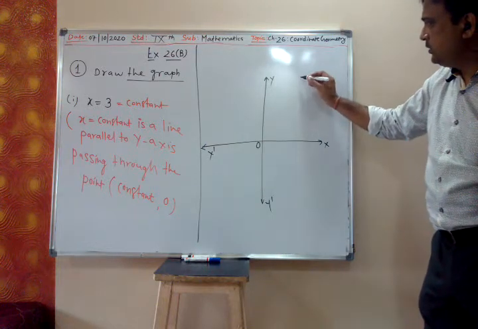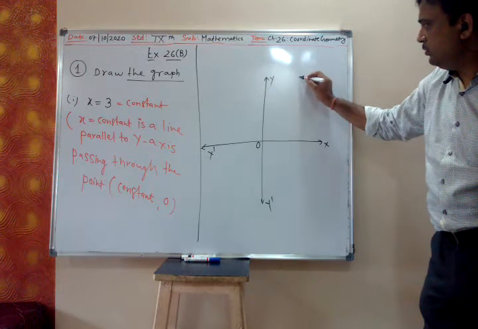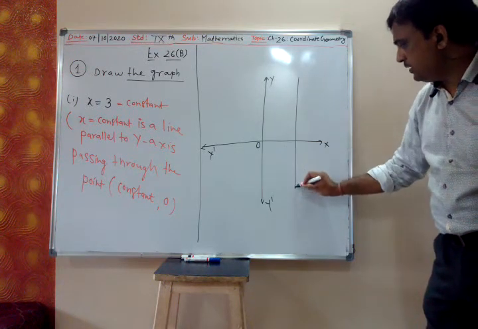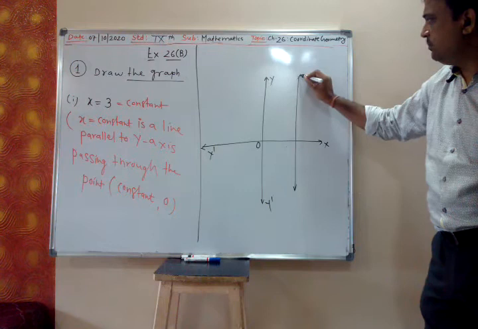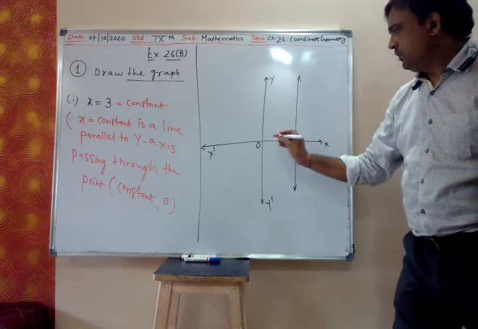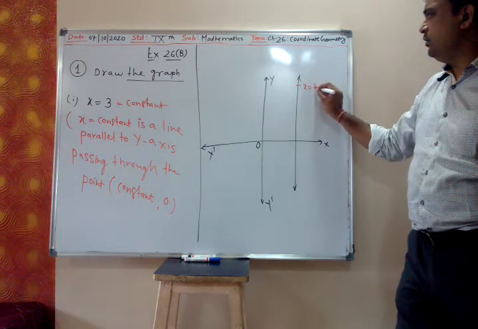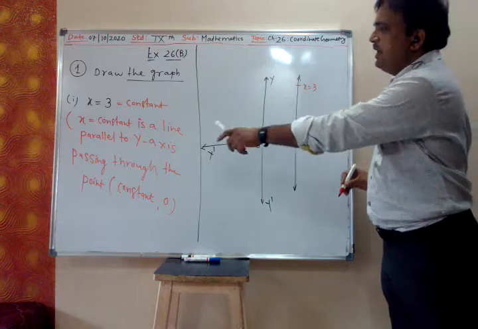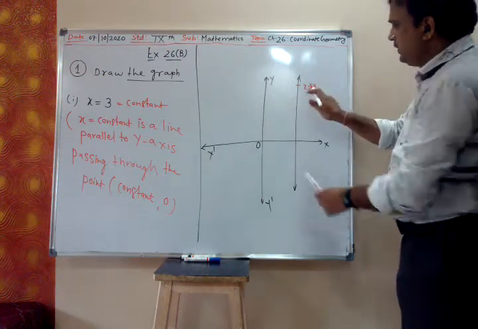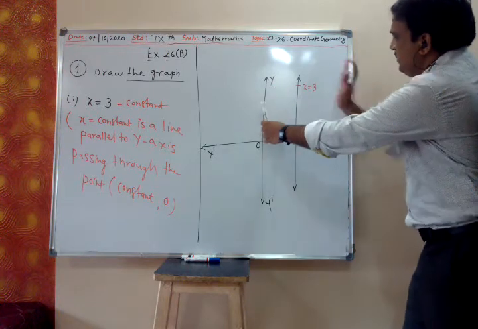Now x is equal to 3 is a line parallel to y-axis. So we draw the line parallel to y-axis, because x is equal to constant is a line parallel to y-axis. What is the sign of x? Positive. So that parallel line will be on this side.